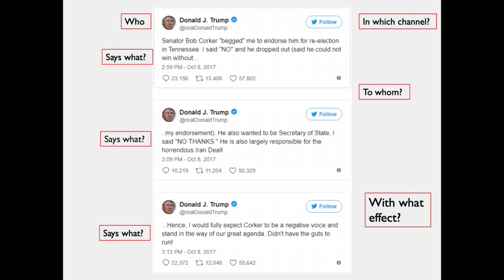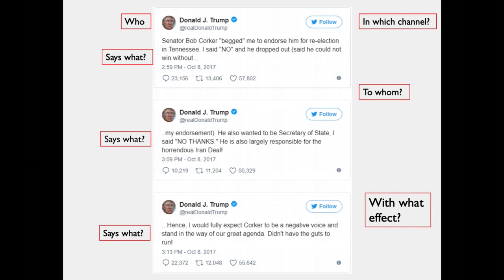Okay, so we've got this message of Donald Trump running down Senator Bob Corker, who apparently begged Trump to endorse him, and Donald Trump refusing to, because he's responsible for a deal that Trump didn't want, and as it says, I'd fully expect Corker to be a negative voice. So Trump clearly doesn't like Corker.